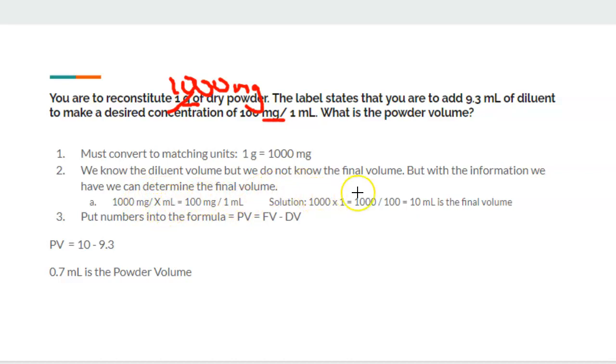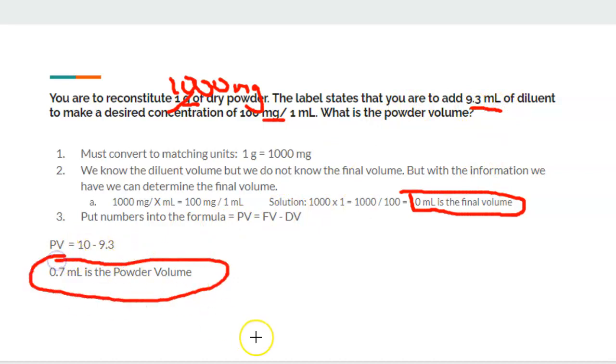If we figure that out, our final volume is 10 milliliters. So now you just plug them in. The final volume is 10, and the diluent volume is 9.3. 10 minus 9.3, our powdered volume is 0.7. And that's how you figure that out.